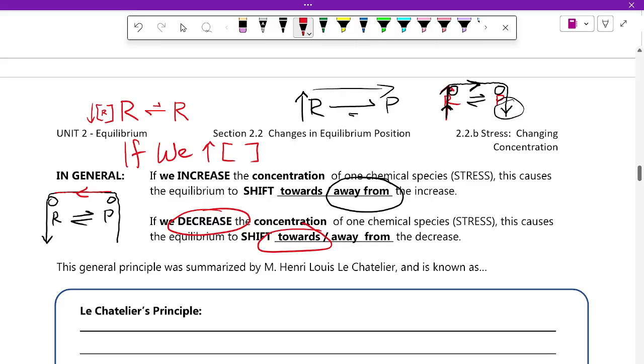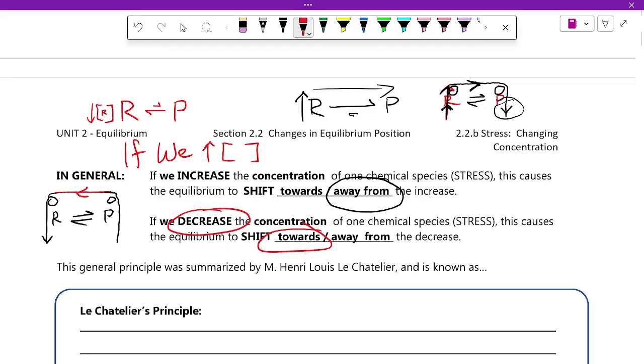So that should be a P, not an R. So that means I'm forming reactants faster than I'm making products, which means we are shifting to the left, towards the decrease. So there are many ways to figure out which way you are shifting.